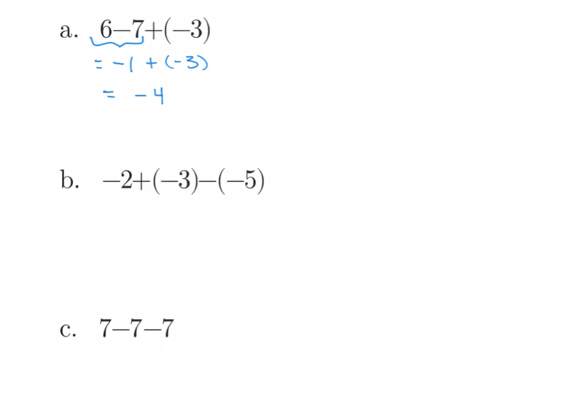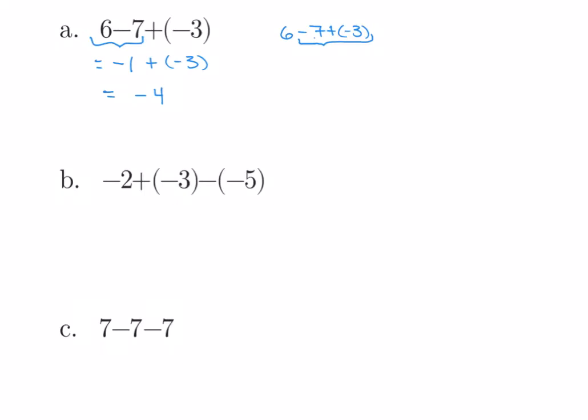Okay, so let's look at this problem again and just look at some other ways that we can do this. Now, I'm going to go ahead and say what you are not allowed to do first. You are not allowed to do 7 plus negative 3. This is not a 7, this is a negative 7. So when you combine this, if you want to combine your negatives first, just remember that 7 is not a 7, it is a negative 7.